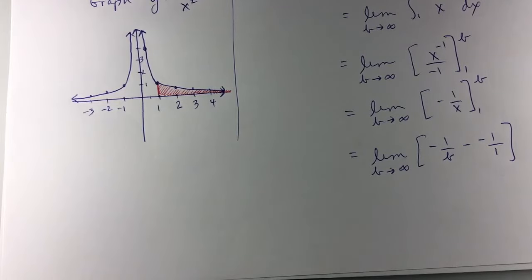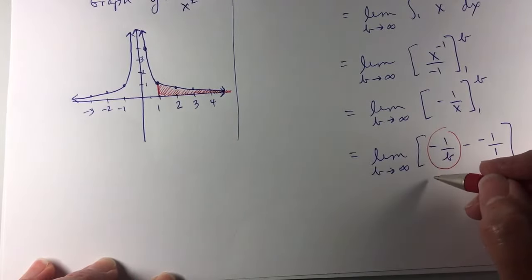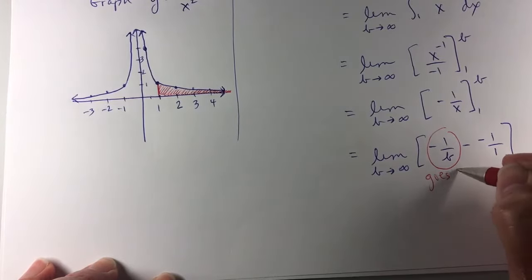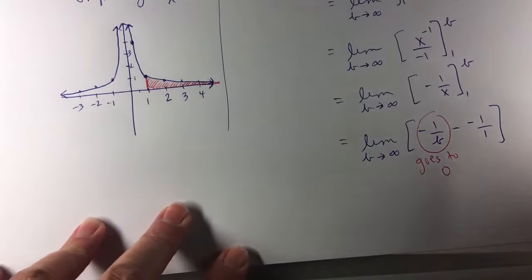This time, as b goes to infinity, what is 1 over b going to? This goes to 0. So this becomes 0 plus 1.